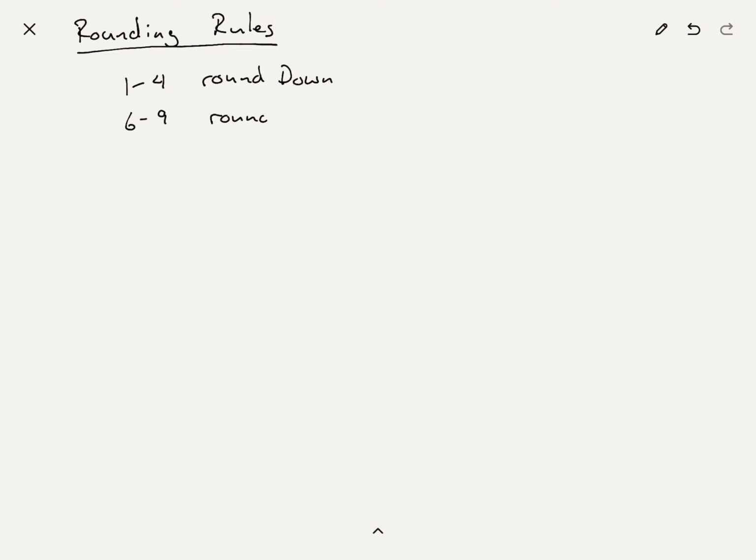And 6 through 9, you round up. 0, it stays the same. But what do we do about 5? So we don't want to round up more often than we round down. So what we need to do is have a rule for splitting the 5s in half. So what you do is you always round to the even number.